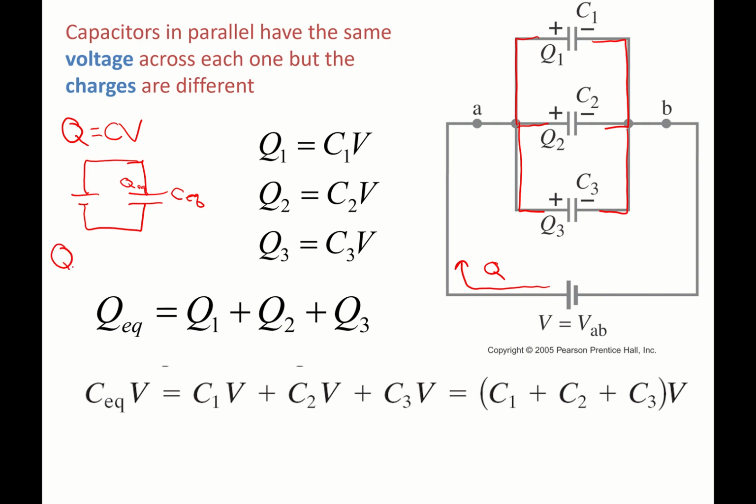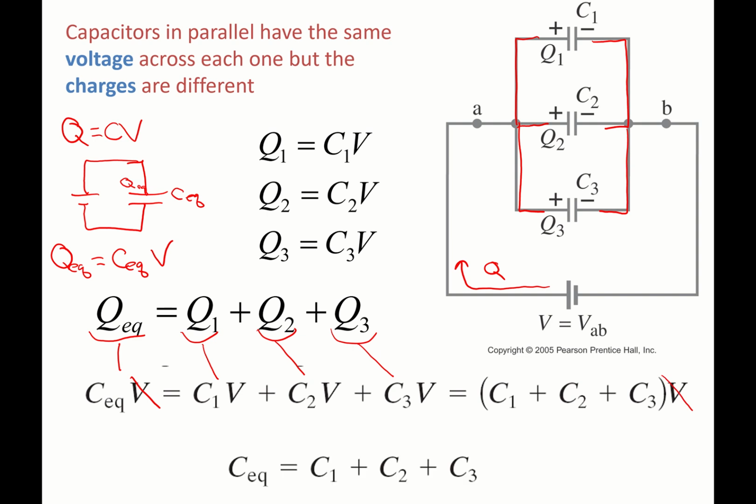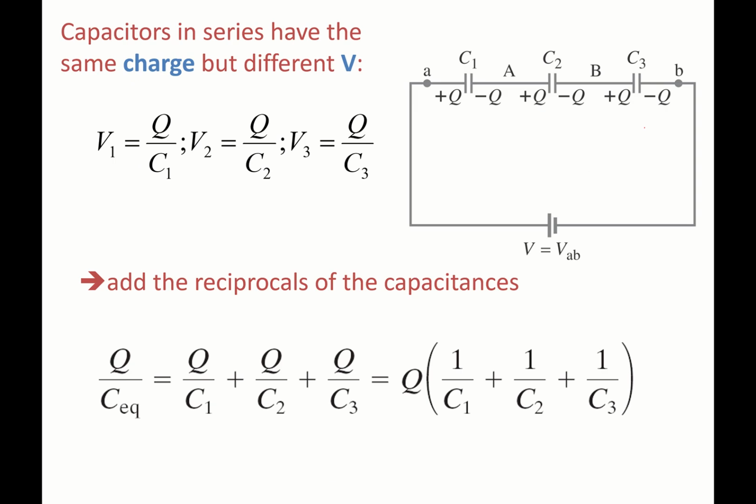And Q equivalent is going to be C equivalent times V. So if I substitute in for each of those Q's, C1V, C2V, C3V, then C equivalent times V is equal to C1 plus C2 plus C3 times V, and I can cancel out the V's because it's the same, and so the equivalent capacitance for capacitors in parallel is just the sum of the individual capacitances.